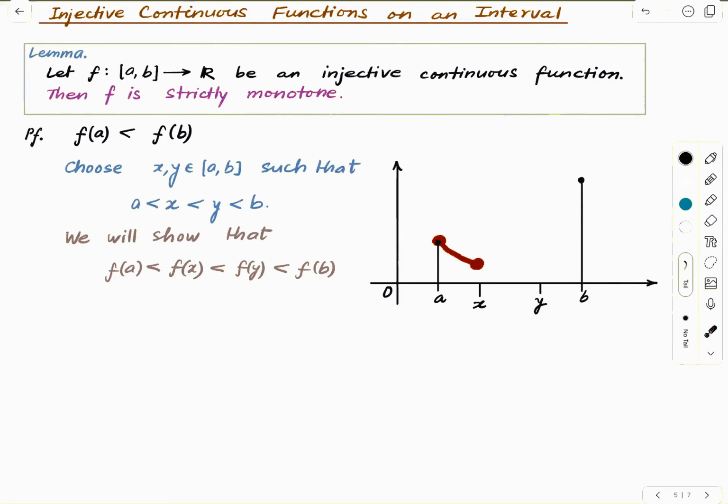And the function would also assume all possible values between this value and that value within this interval. And it would also assume all possible values between this and that within that interval. But then if you draw this kind of a horizontal line, it is clear that this value will be achieved 2 times. Once in this interval, once in that interval, and hence the function wouldn't be injective anymore.